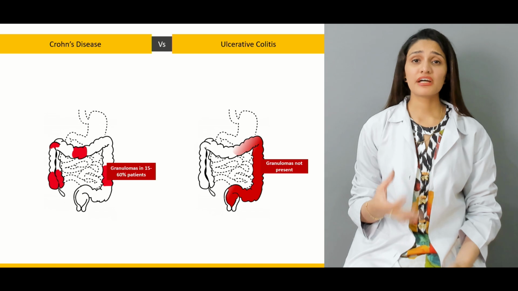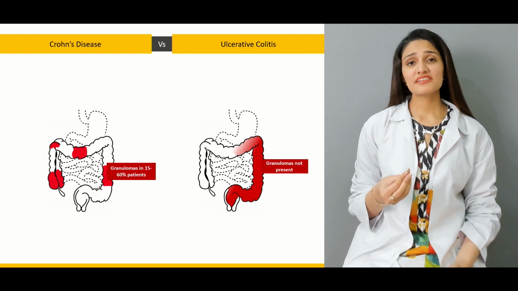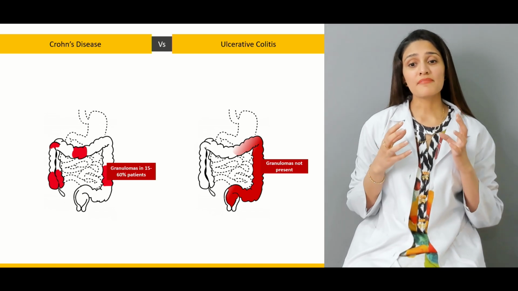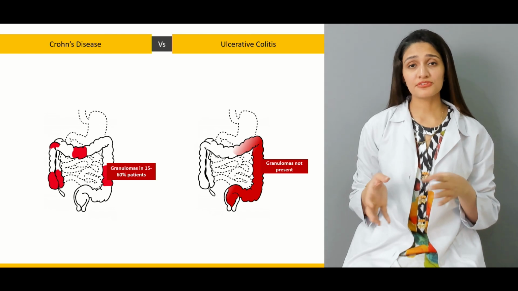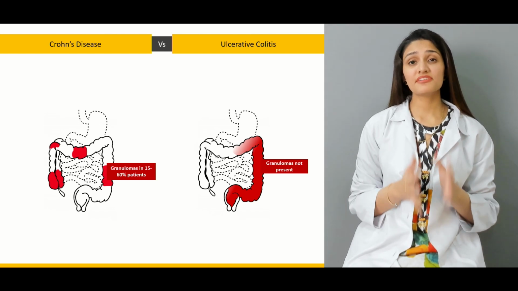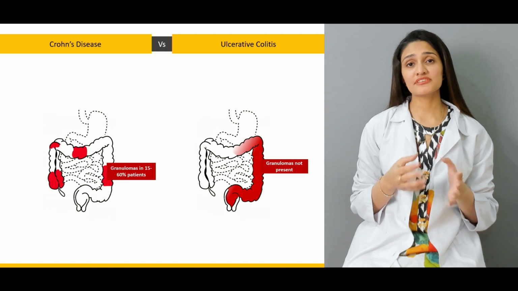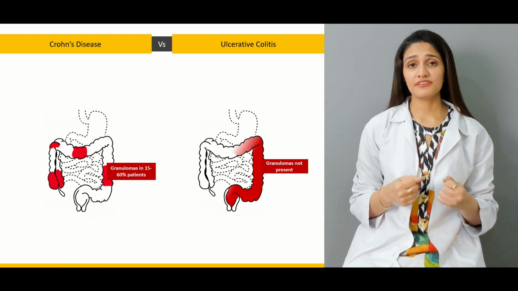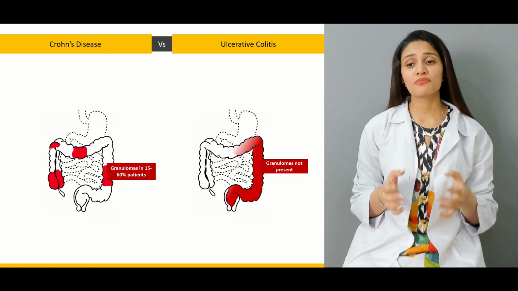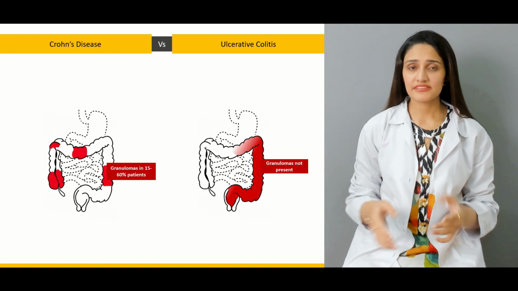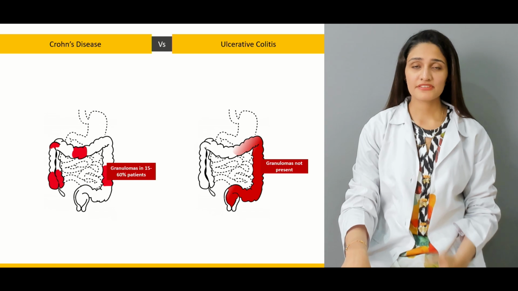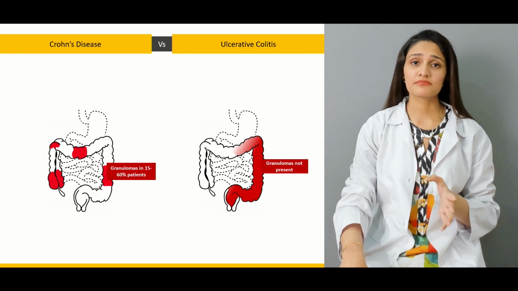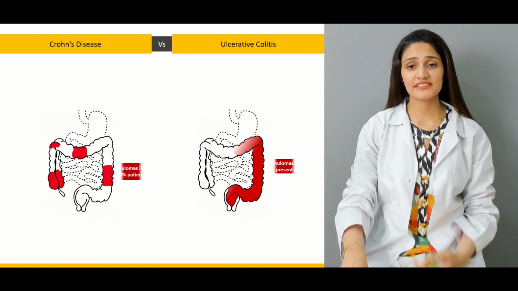If we talk about granulomas, granulomas are a feature of Crohn's disease as compared to ulcerative colitis. Among 15 to 60% of patients might present with granulomas if we look through the microscope, but granulomas are not present in ulcerative colitis. So this is a very distinguishing feature among both of these diseases.